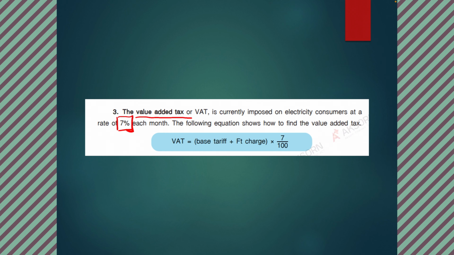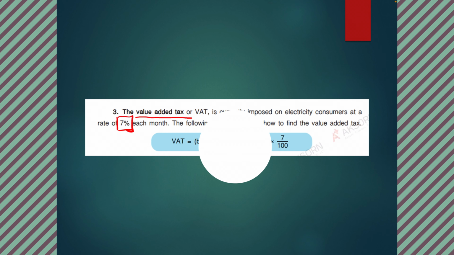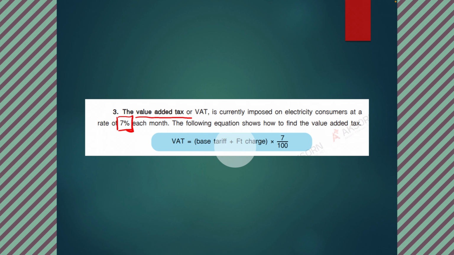So the following equation shows how to find the value added tax. So VAT is equal to the base tariff plus the FT charge, times 7% of each month. So 7 divided by 100. So this is how we obtain VAT.